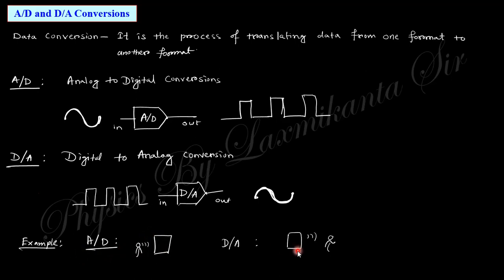And in the reverse, when you listen to something on the mobile, that is your friend talking to you, the speaker speaks the voice, which is analog, but it was transmitted as digital format. So there is a digital to analog transformation.